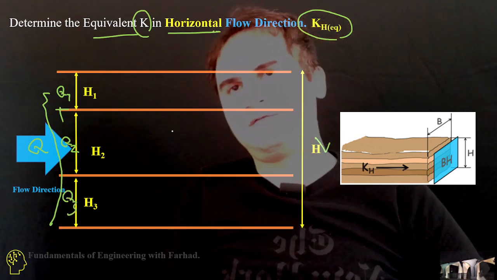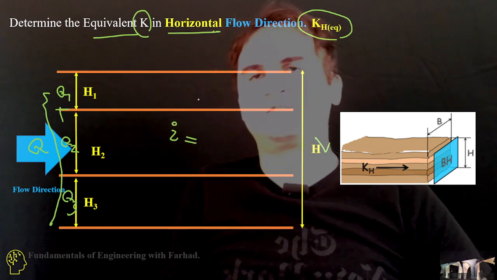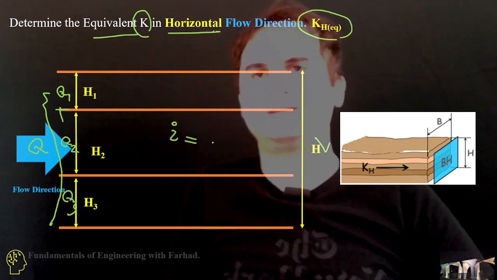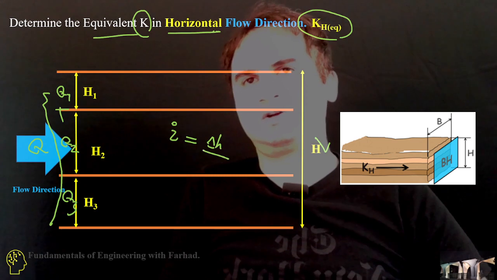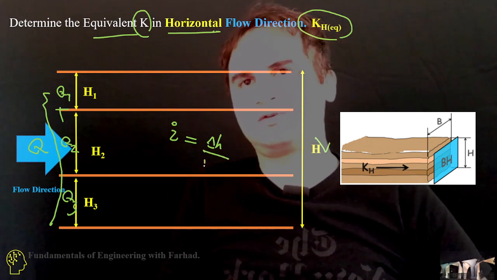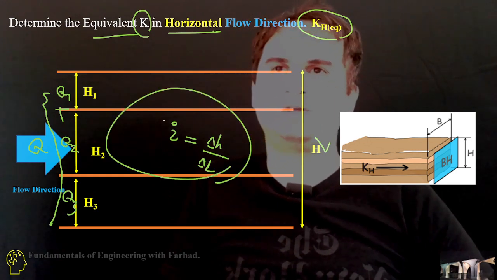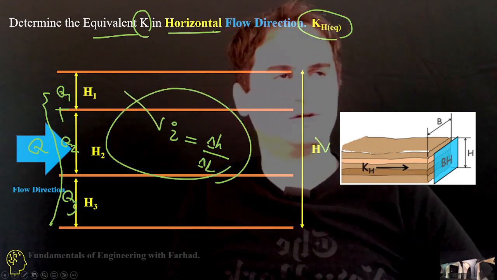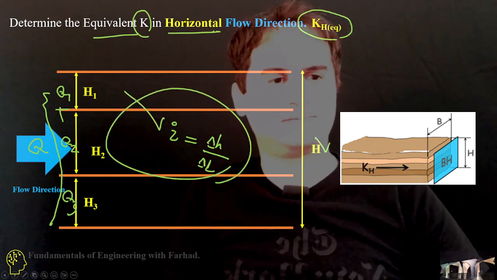At the same time, we know that I, the hydraulic gradient, is delta H, the total head loss for each layer, over delta L, and it is the same for all layers. Let's see how that is.